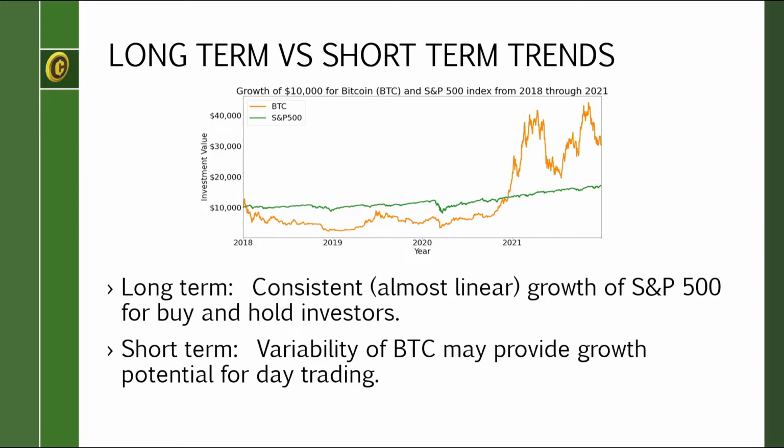This type of pattern would be beneficial to a long-term or buy and hold type investor. However, the sharp drops and rises and variability of the Bitcoin line in orange might provide more potential revenue for the short-term day trading type. So as you'll see, we have two research questions to consider, predicting for long-term investment and short-term trading.